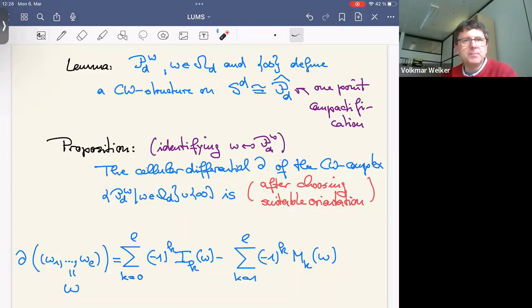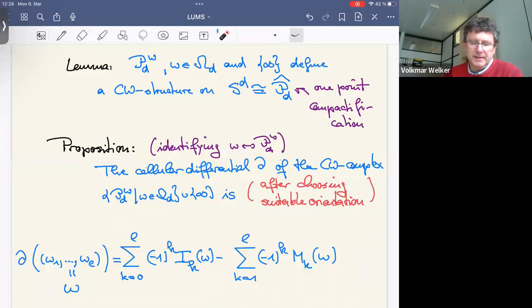For the sake of simple notation, here we identify a root multiplicity omega and the corresponding cell. It's always easier to write omega instead of meaning the cell. And we have a CW structure, so we can consider cellular homology. So we have these cells, and we need to know what is the boundary of these cells in homological terms.